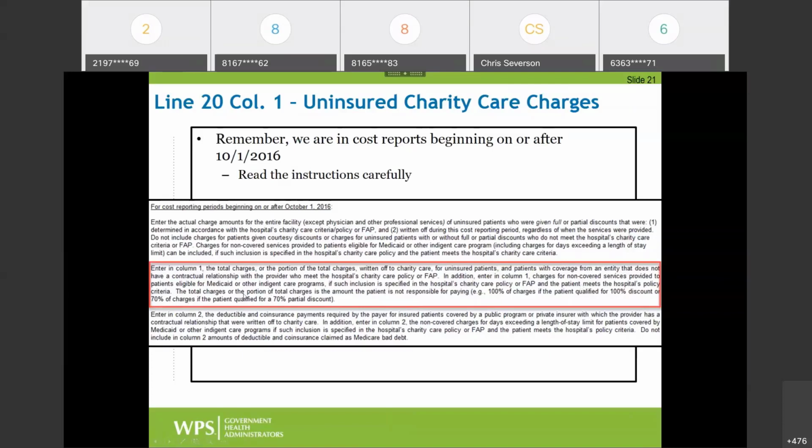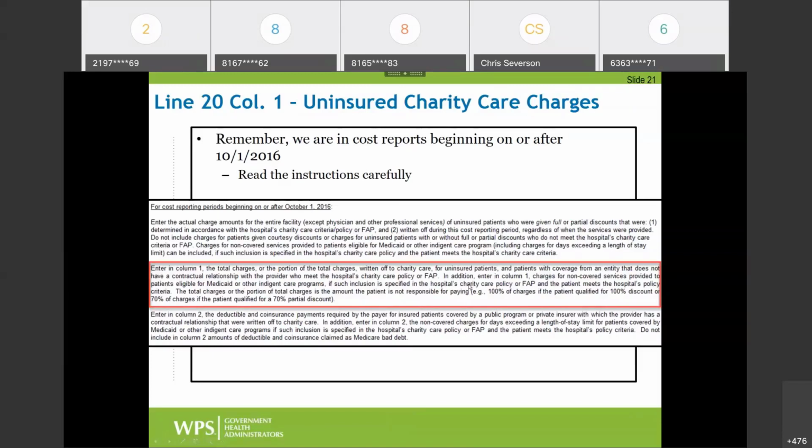The total charges or the portion of the total charges is, again, whatever charity care you've approved. If you give them a 100% discount or if you give them a 70% discount, whatever you've approved. So that's column 1. Again, key thing is that it has to be in your policy.